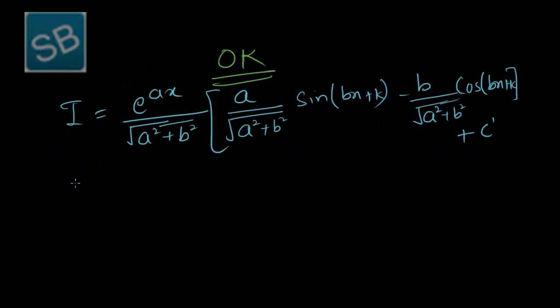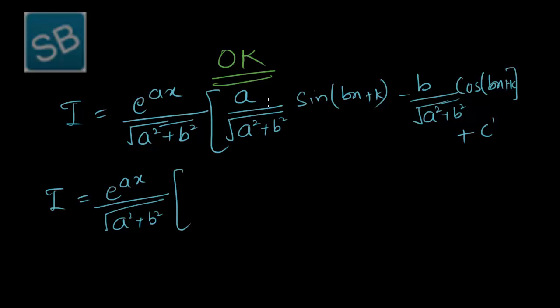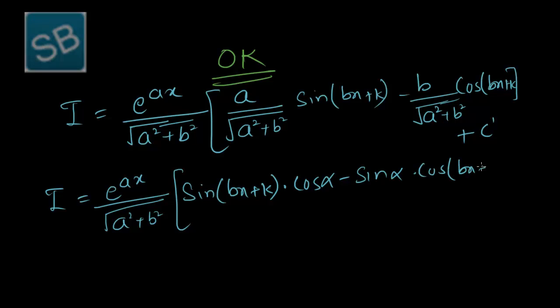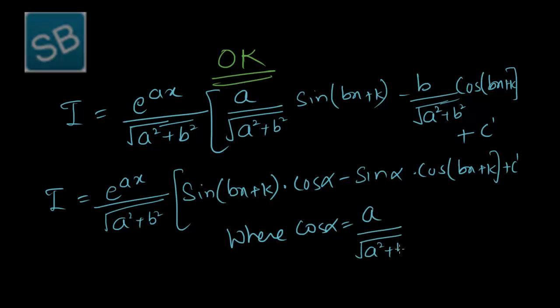So here if we see, I is equal to e raised to power ax over under root (a square plus b square), by introducing this as cos alpha, we get sin (bx plus k) into cos alpha minus this as sin alpha into cos of (bx plus k) plus c dash, where cos alpha is equal to a over under root (a square plus b square) and sin alpha is equal to b over under root (a square plus b square).